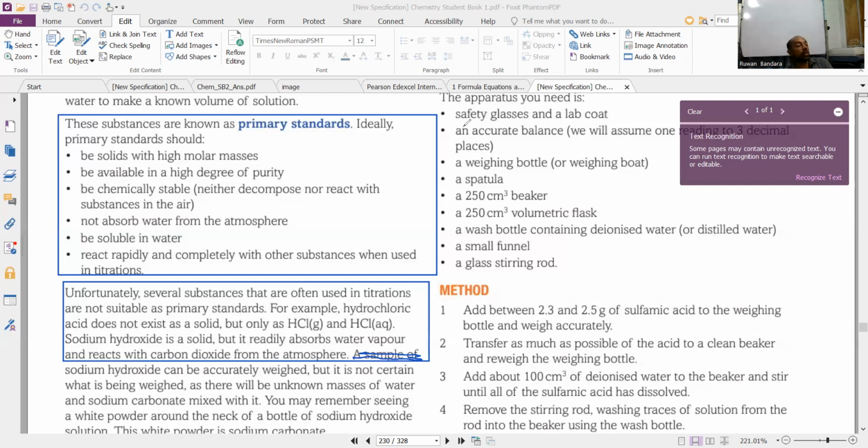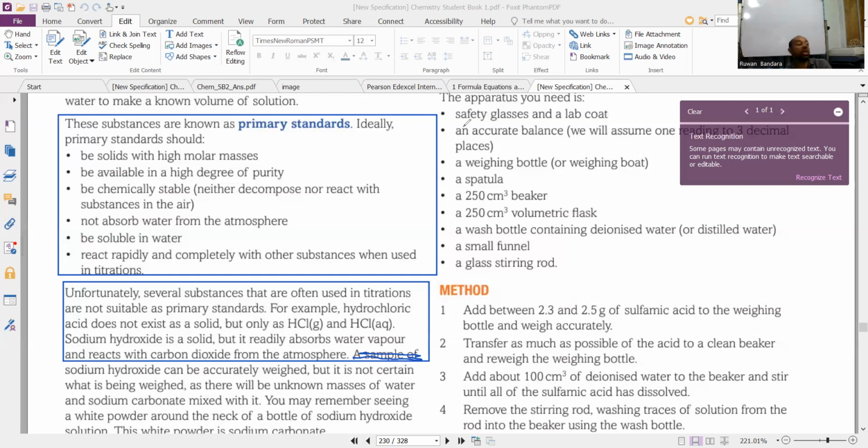Available in high degree of purity. If the solid that you are going to dissolve is pure, the standard solution is also pure, right? Therefore, you have to use highly purified solids. Then chemically stable. They should not decompose or react with the substances in the air.